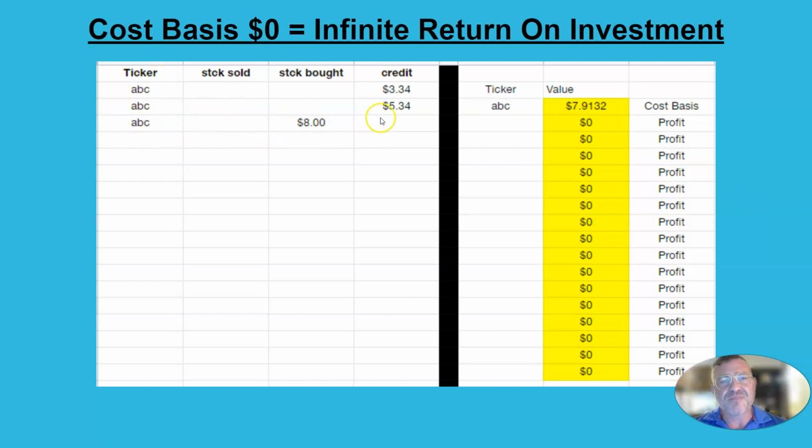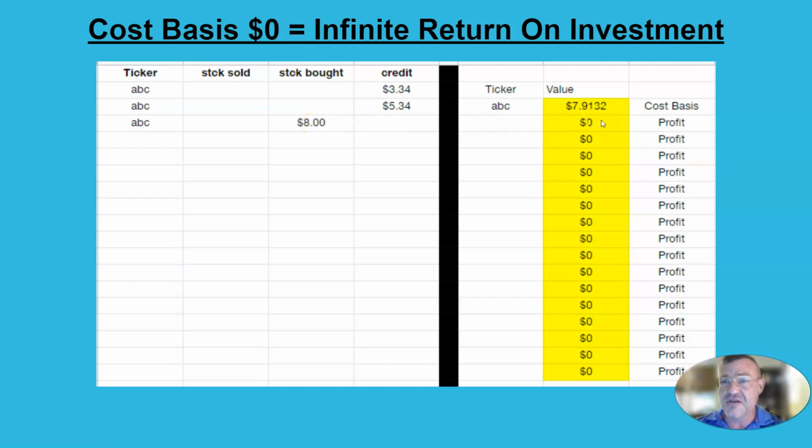Now, this time, when you sold this put option, ABC dropped below the strike price, which your strike price was $8. And what did that mean? That means you had to buy 100 shares of ABC at $8, which you did. And now, over here, it starts calculating our cost basis. Now you bought ABC 100 shares at $8. So you would think your cost basis is $8, right?